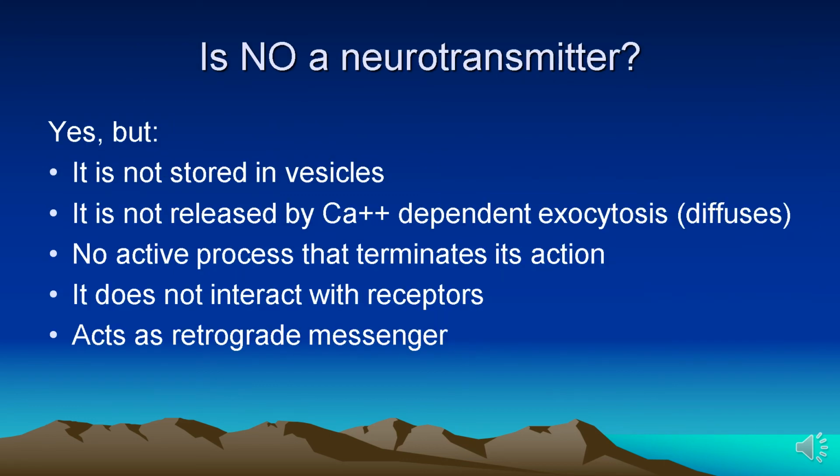Now the question as I raised, is nitric oxide a neurotransmitter? The answer is yes, but there are exceptions. Among those exceptions, it is not stored in vesicles as other neurotransmitters, as we see for other biogenic and amino acid neurotransmitters.